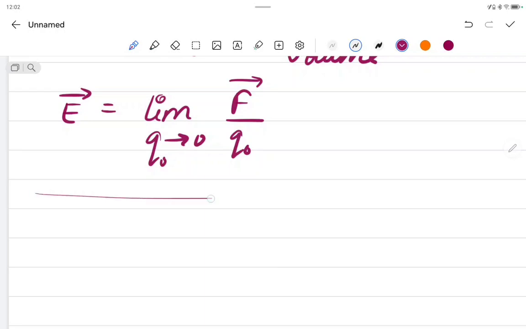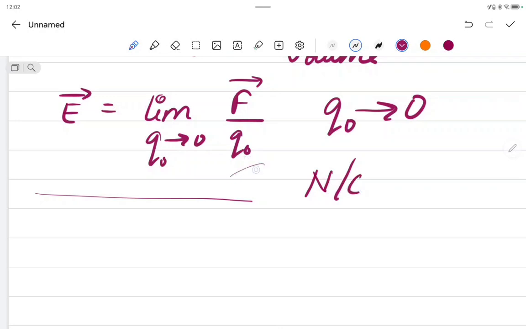Here Q naught is the test charge, and it is tending to 0. The test charge must be very small so that it does not produce its own electric field. The unit for electric field intensity is Newton per Coulomb, since we have force in Newton and charge in Coulomb.